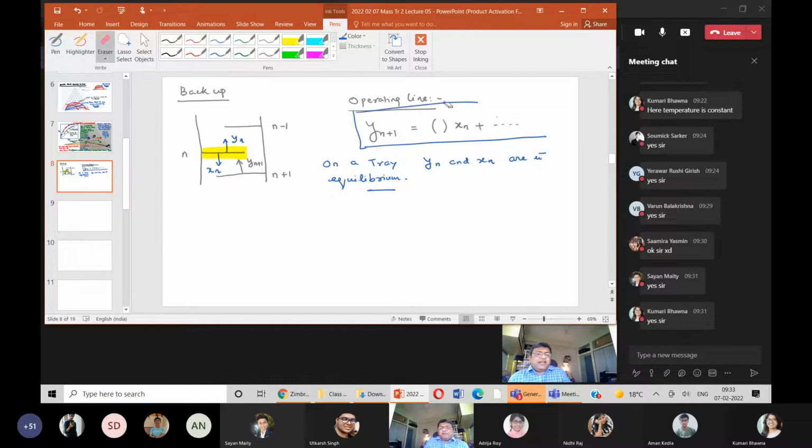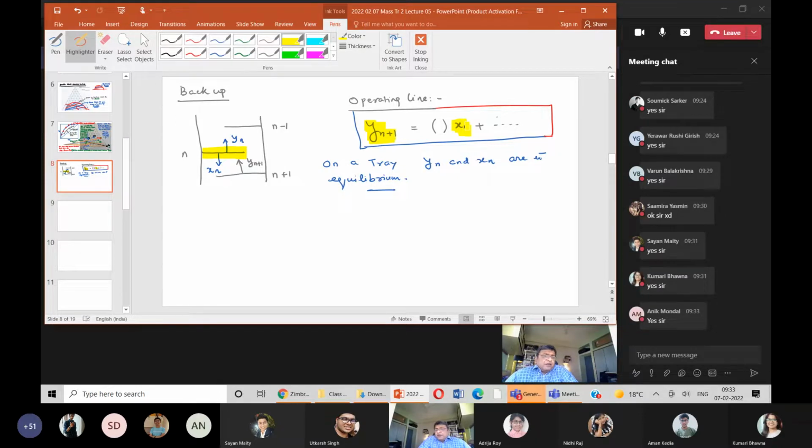So this is the function. I have forgotten the expression of the operating line. If anybody remembers, you can suggest it to me. I have completely forgotten those feed, reflux terms. R into something, something is there, which I have forgotten. But this was the functional form of the operating line. Yes or no?